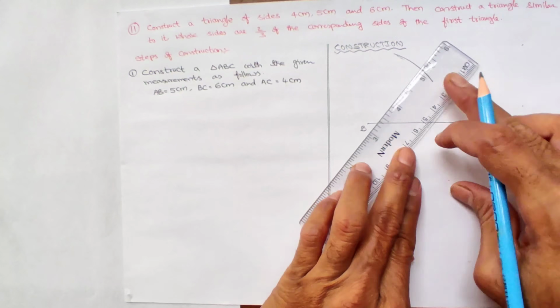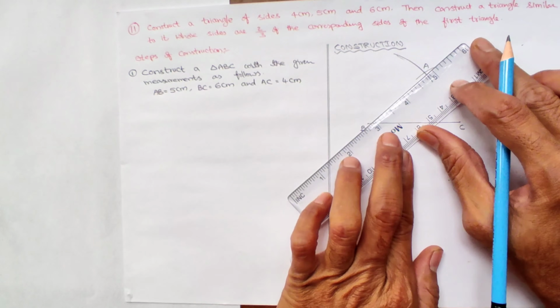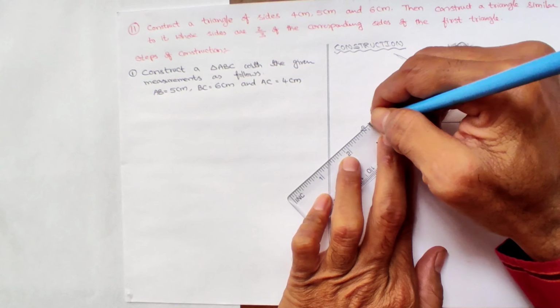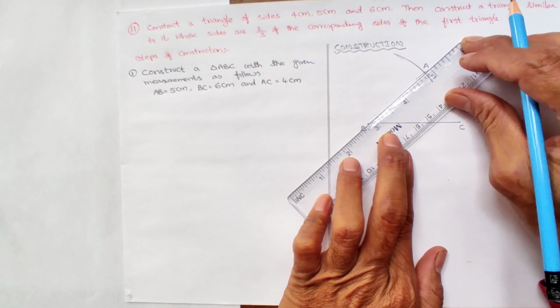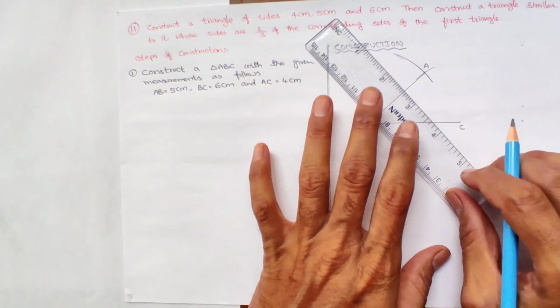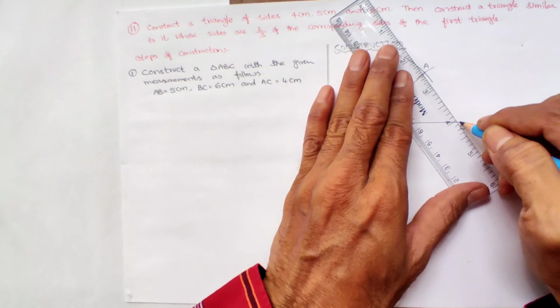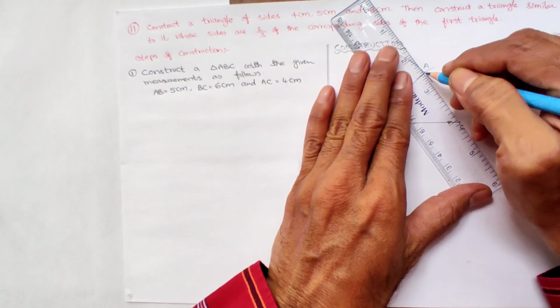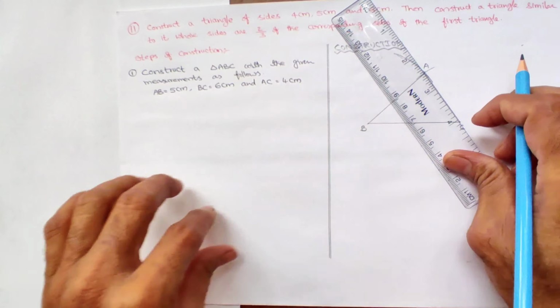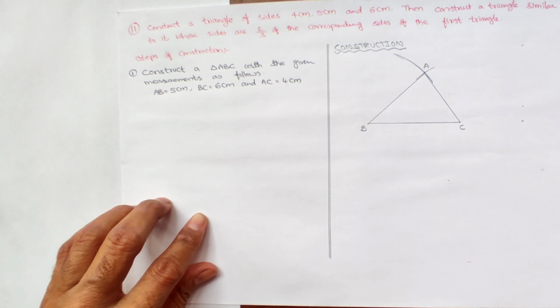Now let us join AB, A and B. Let us join AC also. Now triangle ABC is ready.